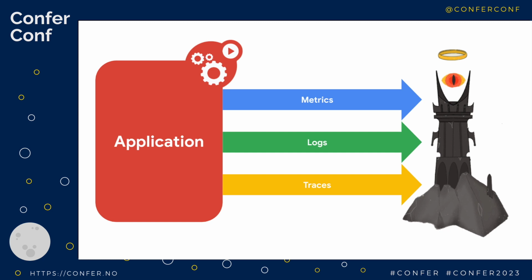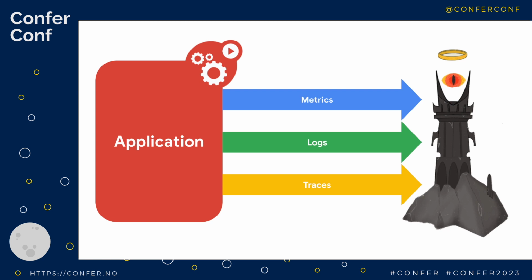If you check information related to observability, you will find that everybody is pointing to these three pillars of observability: metrics, logs, and traces.